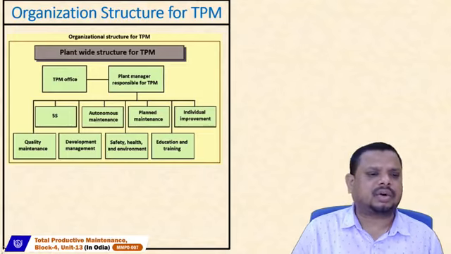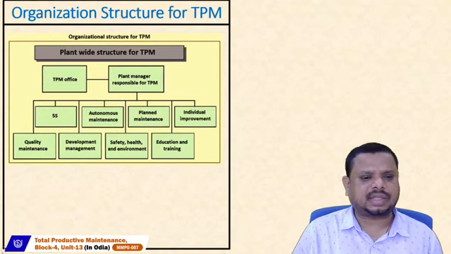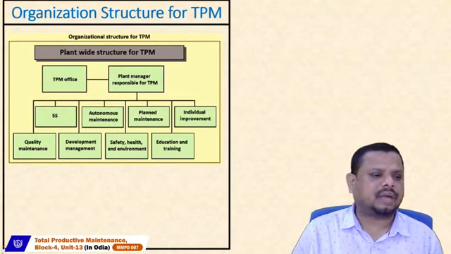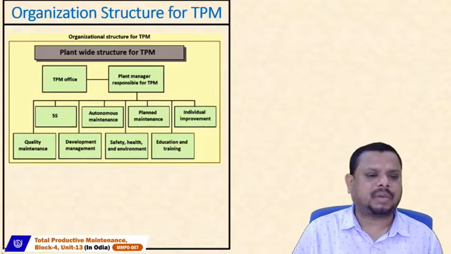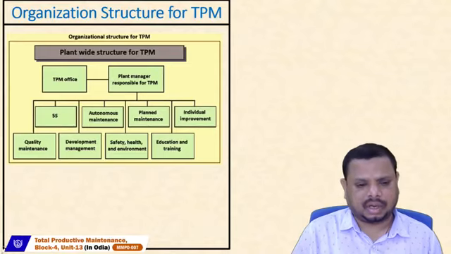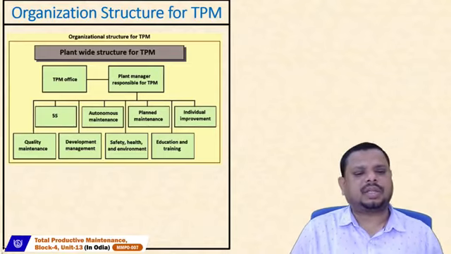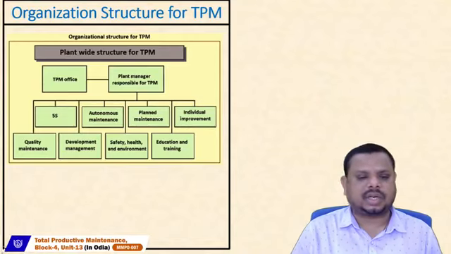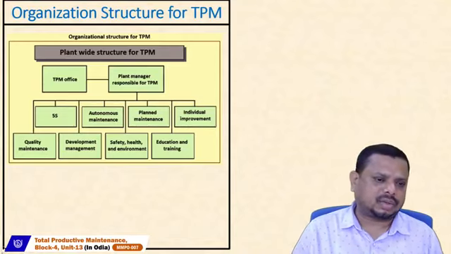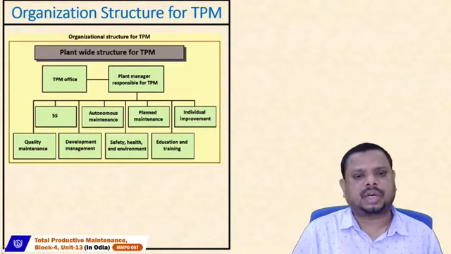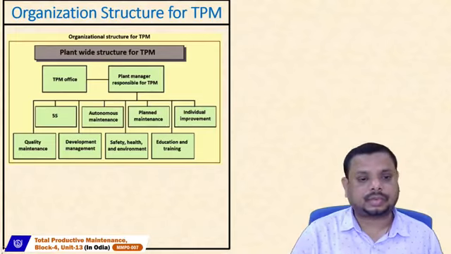And the next, they have autonomous maintenance systems, plant maintenance, individual improvements, quality maintenance, development maintenance, and safety, health and environment related issues. And the last one, under the plant manager, they provide education and training to the shop floor workers. So this is the typical organization structure for a total productive maintenance system.